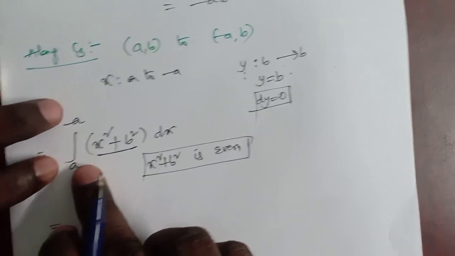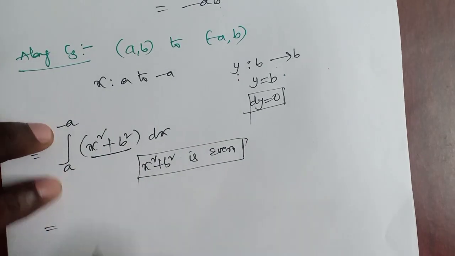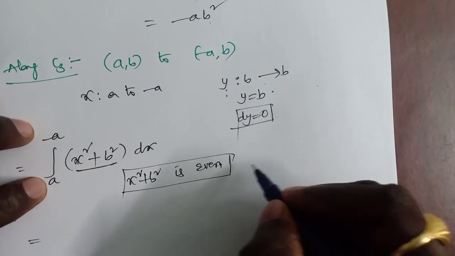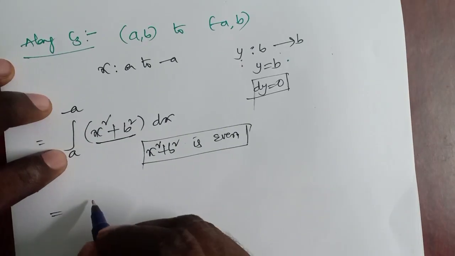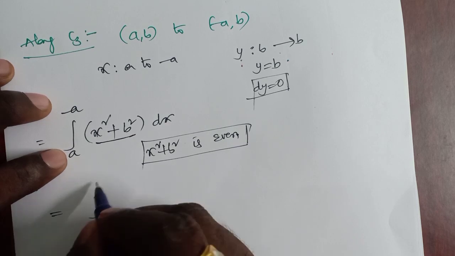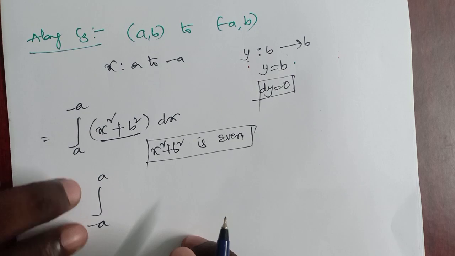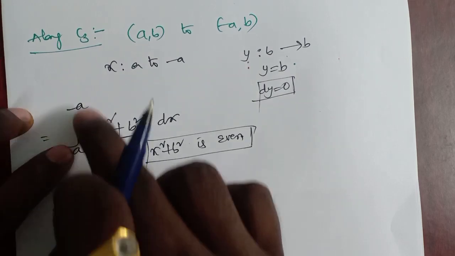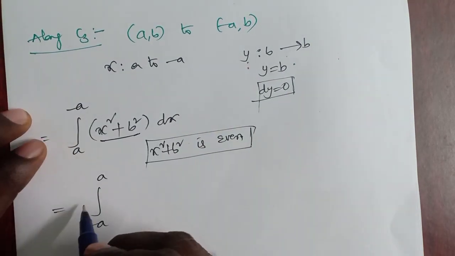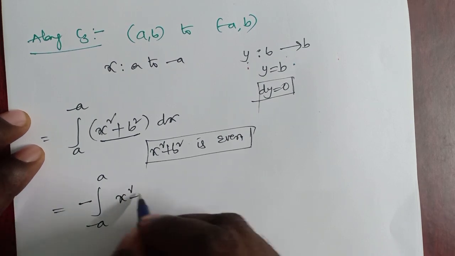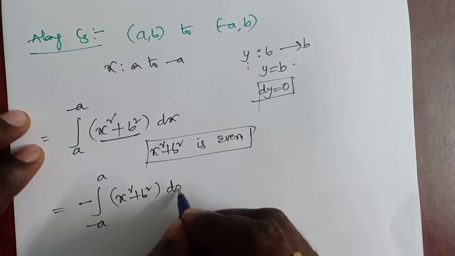Sorry, before that, here the bounds are from a to minus a, so we need to change like this: minus a to a. Why? Because the upper boundary has the negative term, so we have to transform a to minus a into minus a to a. If we change, we can take minus x square plus b square into dx.